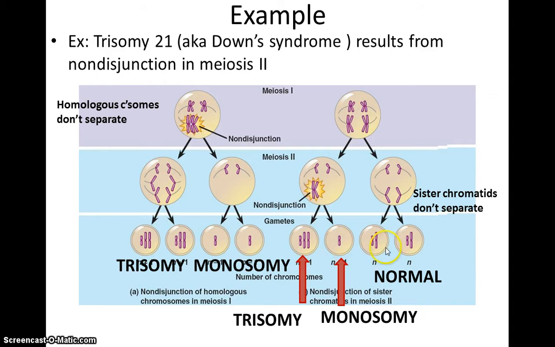The other gametes made from that initial cell will be normal. You can notice that meiosis 2, remember, is very similar to mitosis. So this is one of the disorders that we see in mitosis that can cause chromosomal mutations.